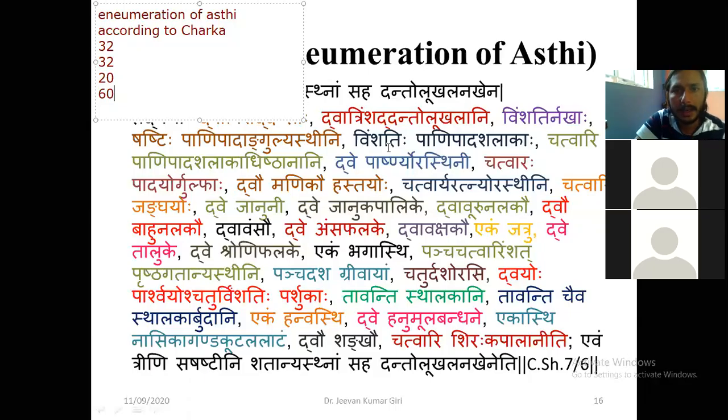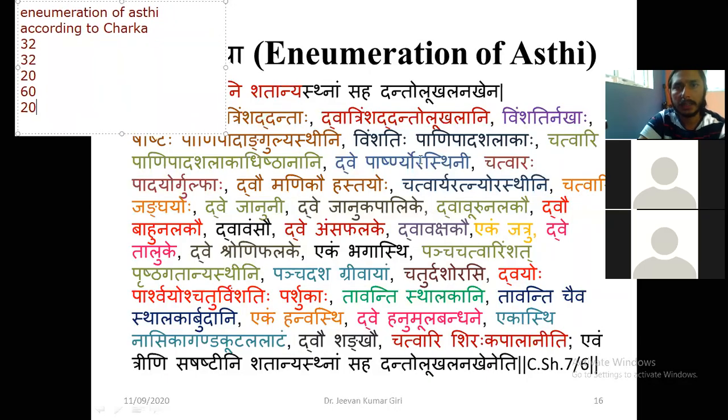Okay. Next is the Vimsati Panipada Salaka. Now just write Panipada Salaka, give an arrow and write 20. Are you getting it? So 60 are there in Panipada Anguli, then 20 are there in the Panipada Salaka.